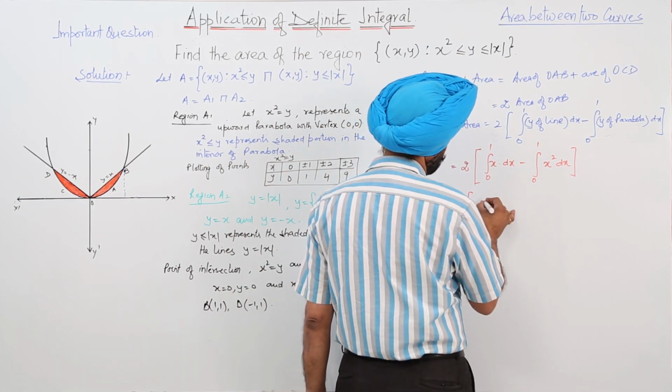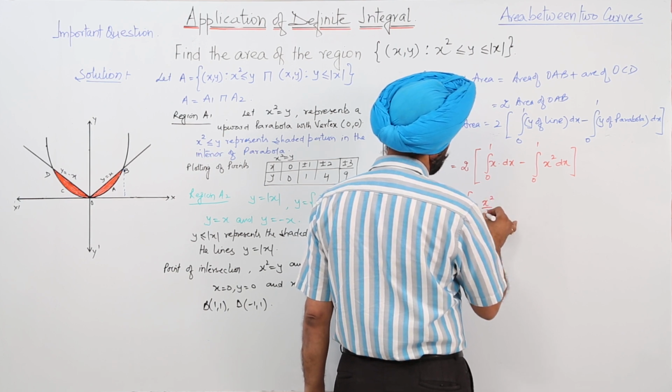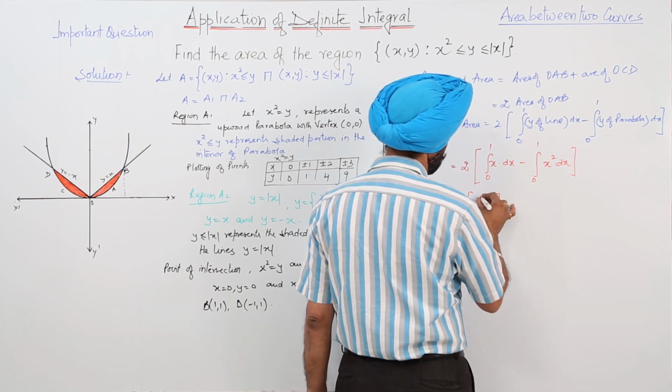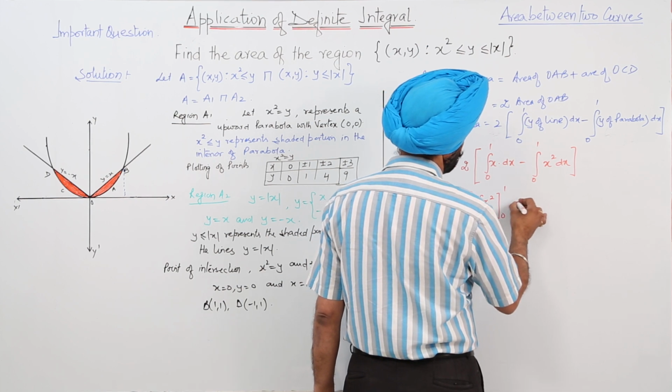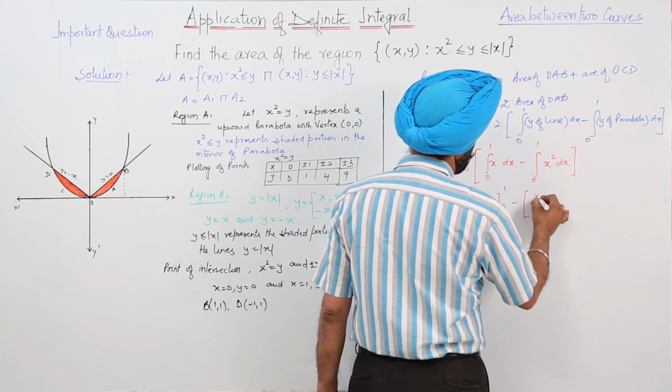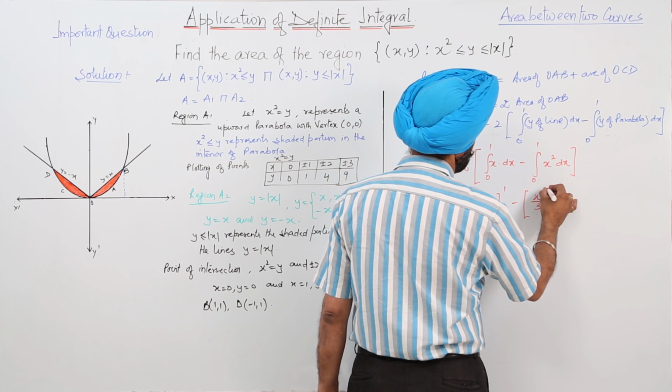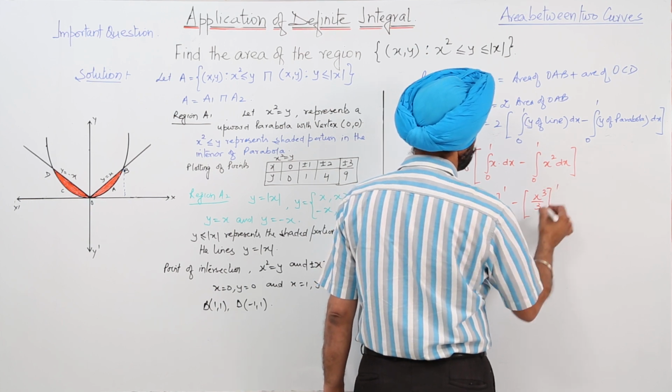Twice of [x²/2 from 0 to 1 minus x³/3 from 0 to 1].